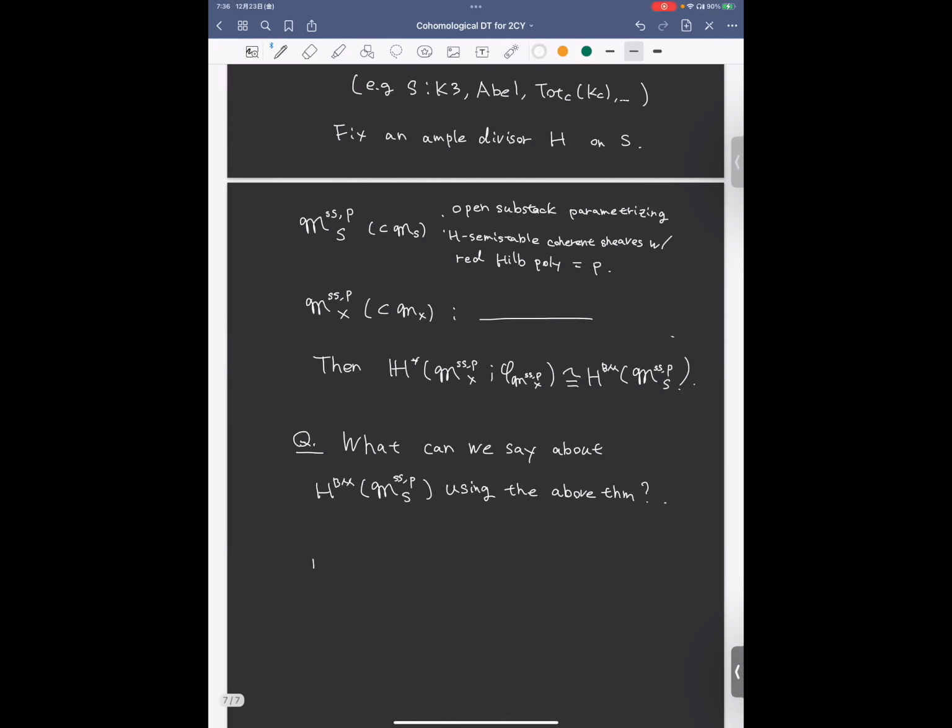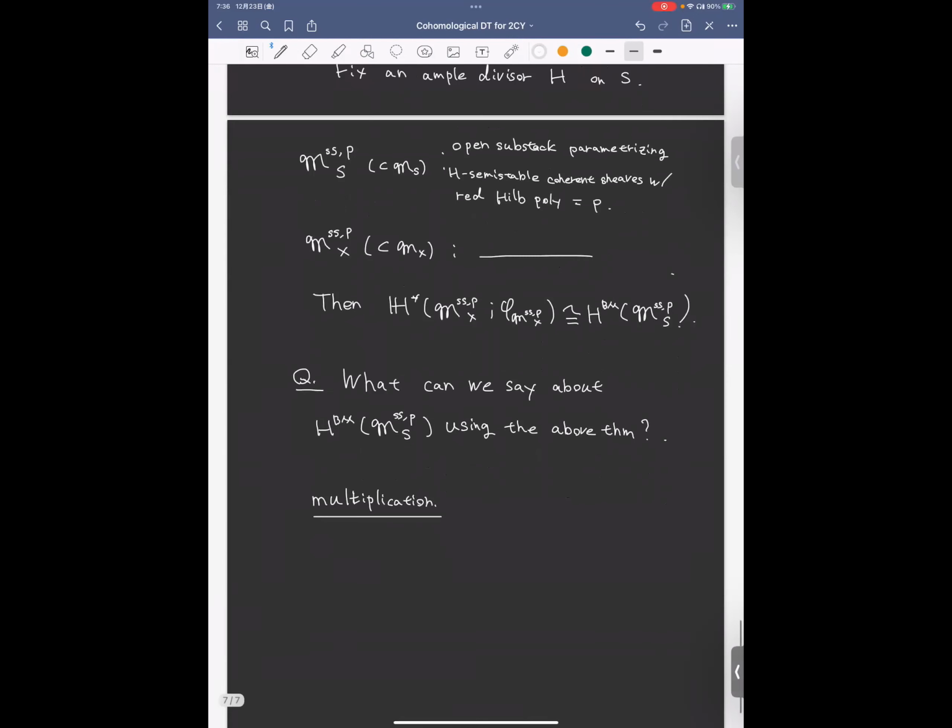Okay, so firstly, we can define a multiplication on this Borel-Moore homology group. It was constructed by Kapranov and Vasserot. We consider the following stack of extensions. This is the moduli stack of extensions.